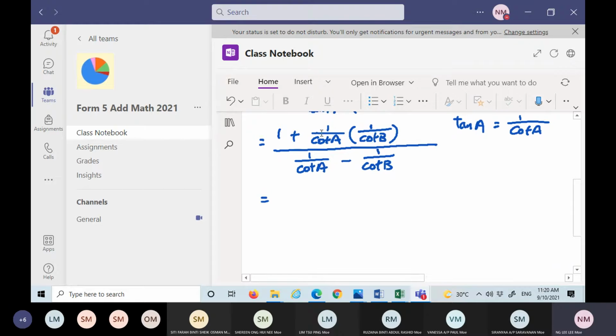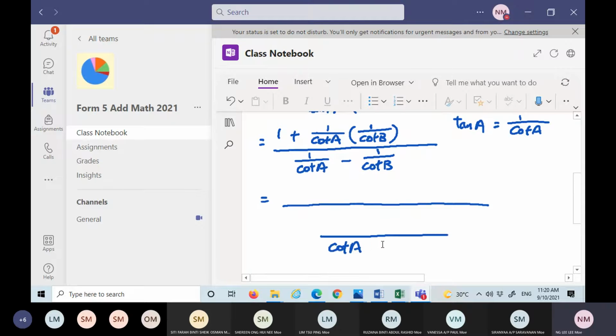Okay, if you feel this way is difficult there, then you have to work in another way. But I think the same thing. Okay, let me continue. So this one I want to combine it. Okay, so cotangent A is the denominator, cotangent B is the denominator. So I want to make it the common denominator.